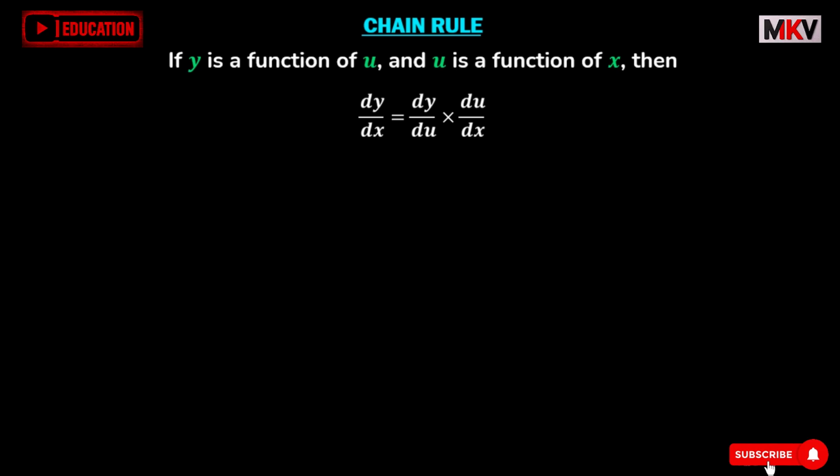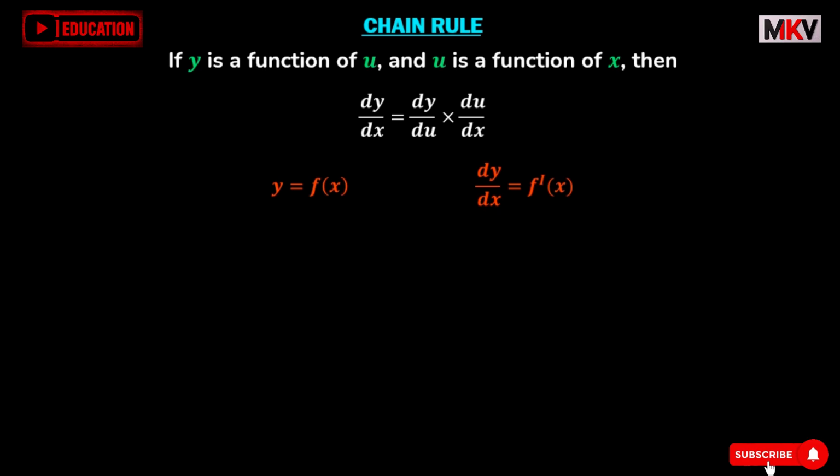So if you look at this equation, dy/dx equals dy/du times du/dx. Now, how do we find these derivatives in this equation? First, our y is equal to f of x, which is the function. You take note of this: our y is always equal to f of x.